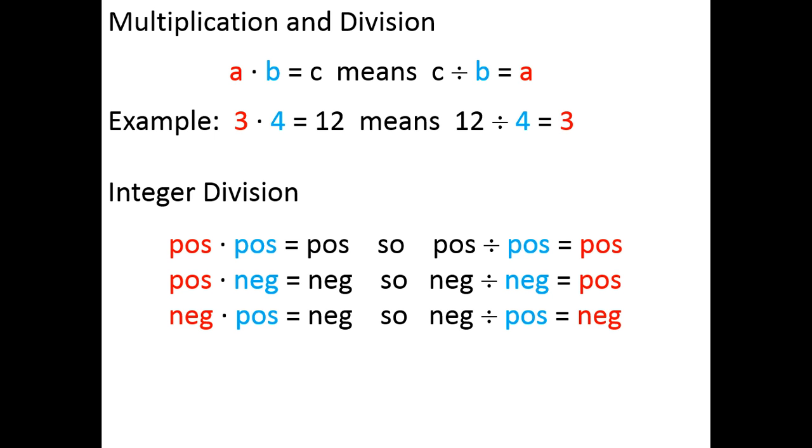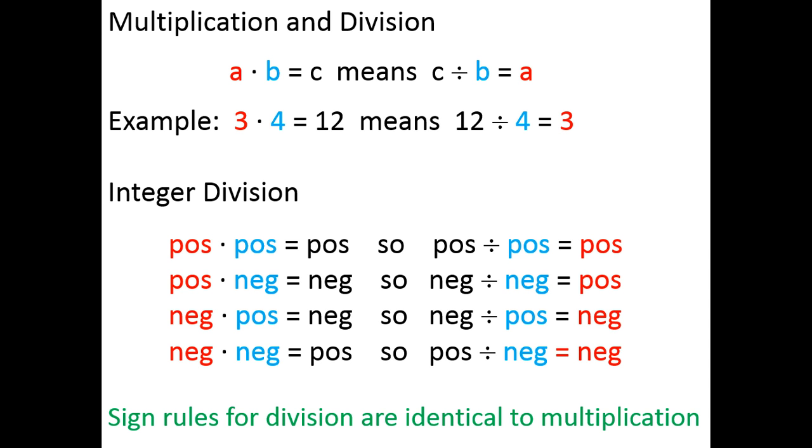And since a negative times a positive equals negative, then we know that a negative divided by a positive is going to equal a negative. And finally, a negative times a negative equals a positive, so that means a positive divided by a negative would have to equal a negative. So what we see is that the sign rules for division are identical to the sign rules for multiplication.